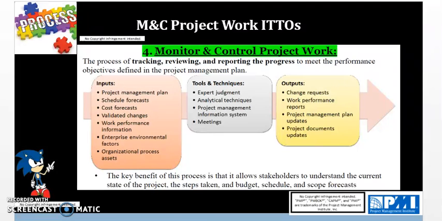Well, this data that we're talking about is coming from all other processes in the monitor and control area, and it's 9 out of 11 processes within the monitoring and controlling process group. So we are going to get these change requests from control quality, control cost, control schedule, and so on and so forth.